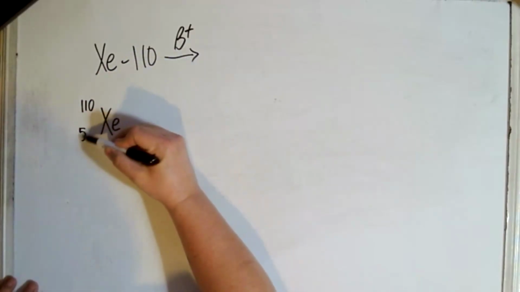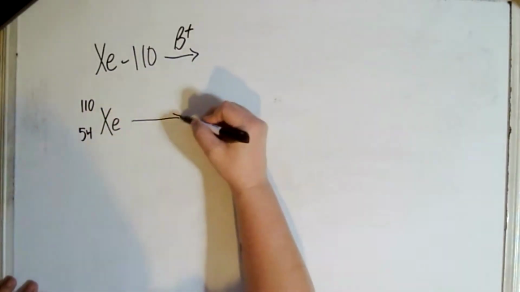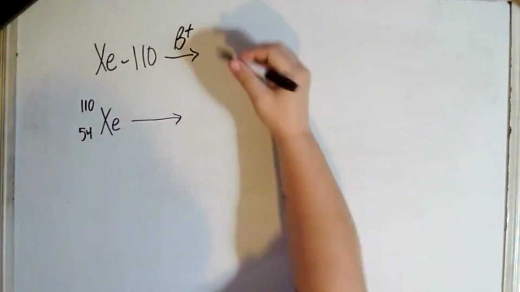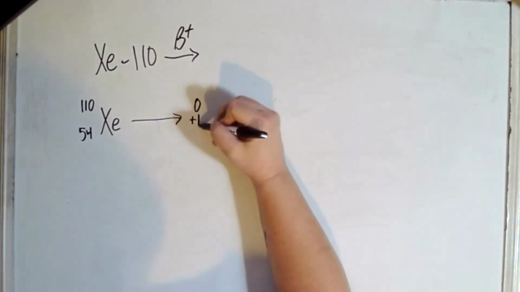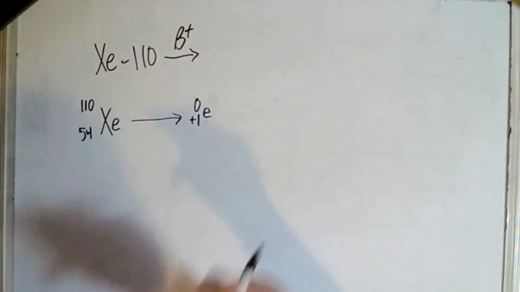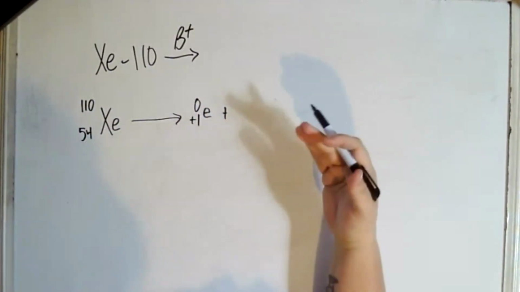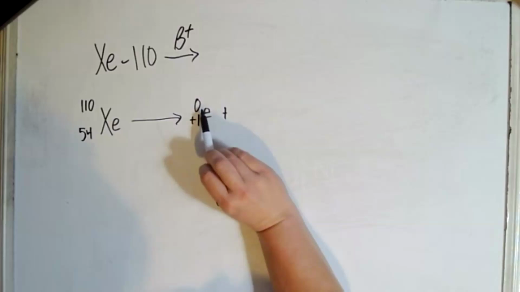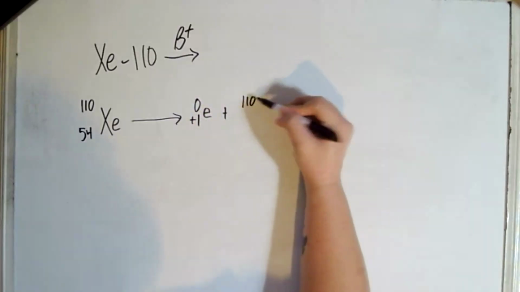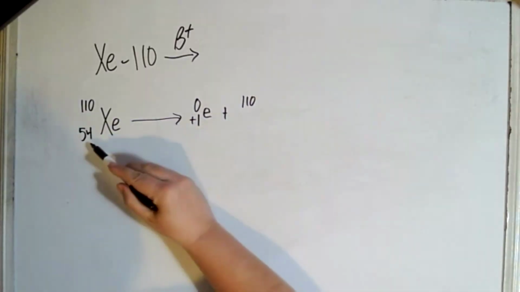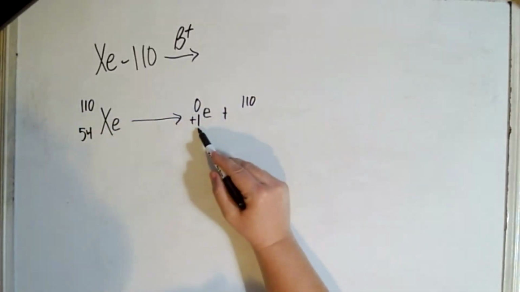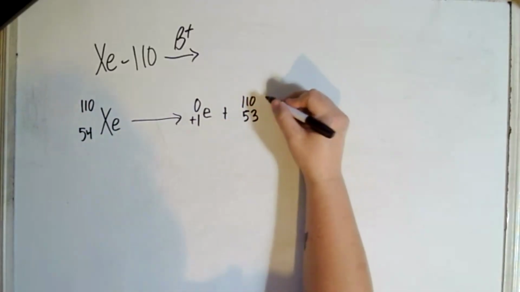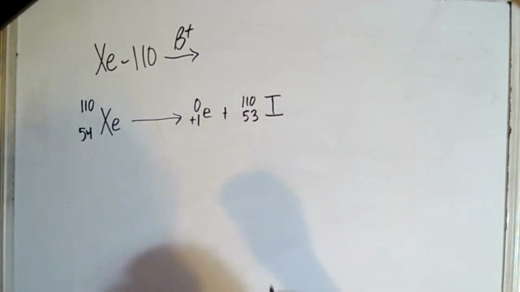Xenon is number 54 on our periodic table. We know that it's undergoing positron emission, and so we're going to put a 0 and a +1 with a lowercase e. And now when we're looking at the daughter isotope that forms, we start with 110. We have a 0 here. So my mass number is going to stay 110. I've got 54 here. I've got a +1 here. So my new atomic number is going to be 53. And that is going to be iodine.